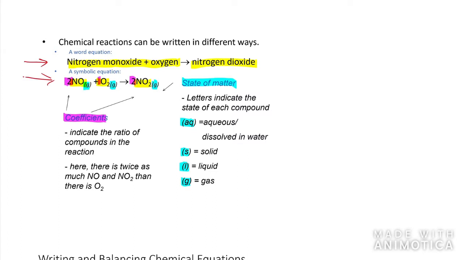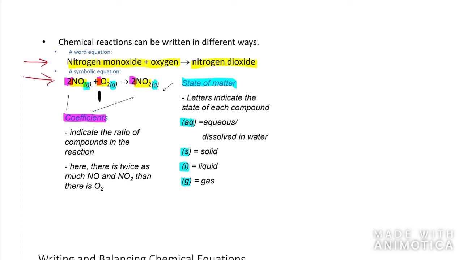And this oxygen, there's nothing in front of it, but that means something too. When there's nothing written down, what do we always assume in science? We always assume that it means 1. So here, this shows us the ratio that we have 2 nitrogen monoxides for every 1 oxygen, and that will give us 2 nitrogen dioxides.